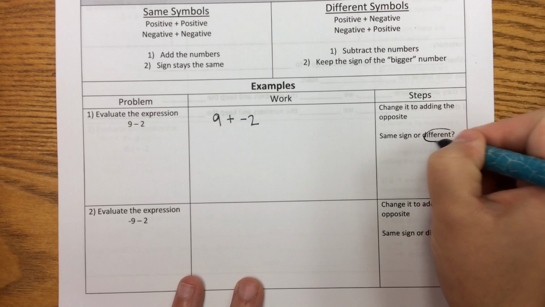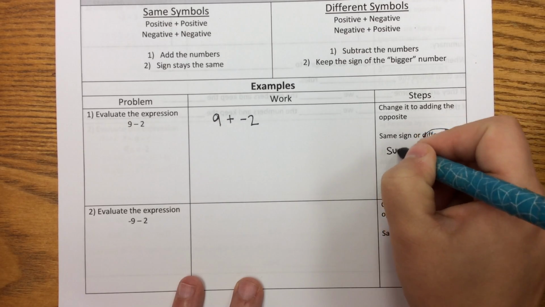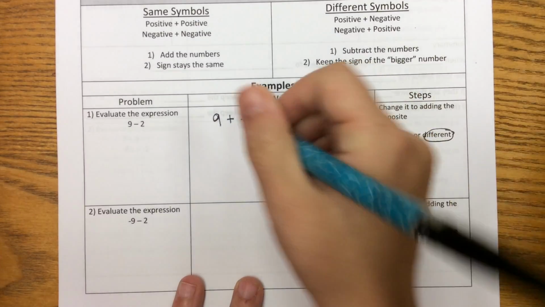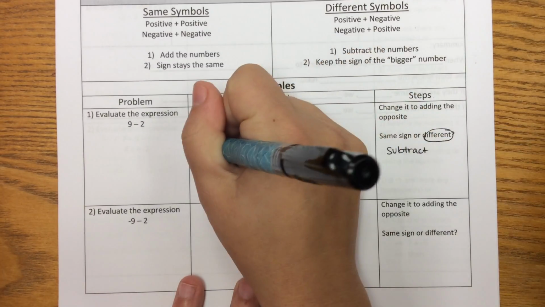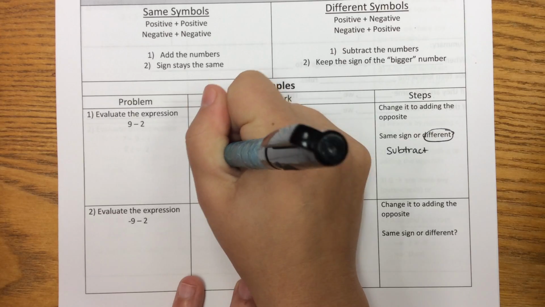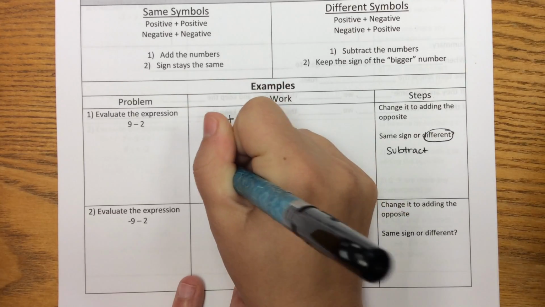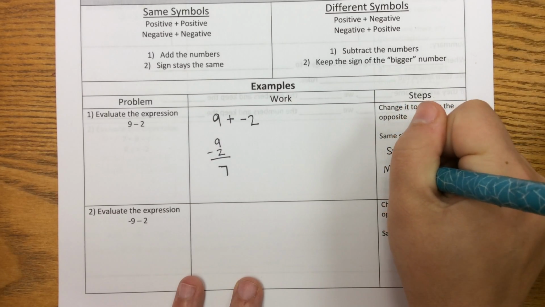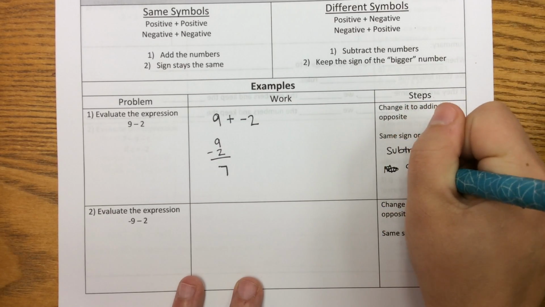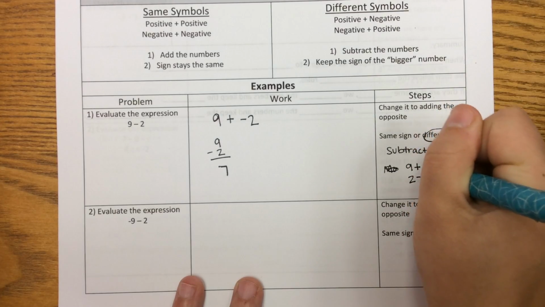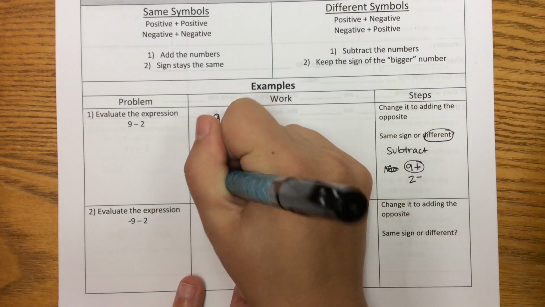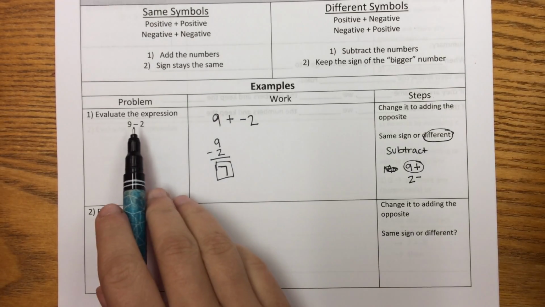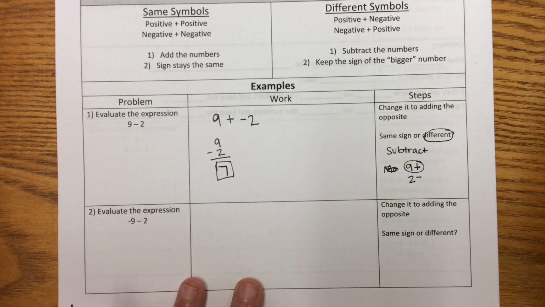They are different, so we're going to subtract. That's 9 minus 2, which is 7. We keep the positive, because really we have 9 positives and 2 negatives. So 7 is positive.